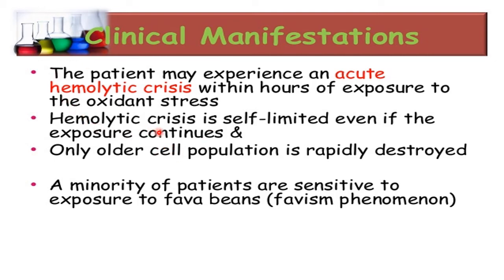The hemolytic crisis is self-limited even if the exposure continues, and only the older red cell population is rapidly destroyed. A minority of patients are sensitive to exposure to fava beans. As told in my previous slide, if they are allergic to fava beans, the favism phenomenon will be seen.